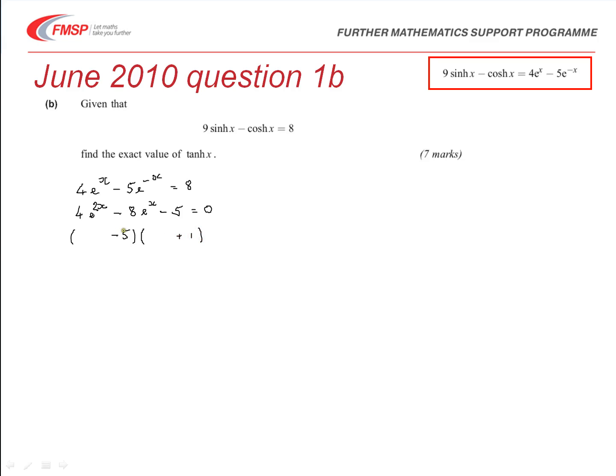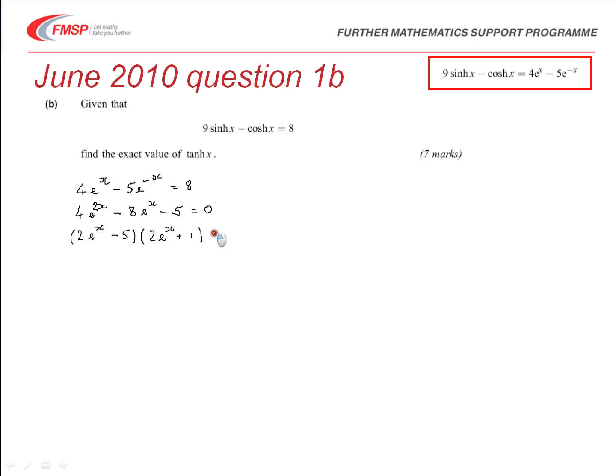And so putting in, we can either try the 1 and the 4, but that would give you -20. 4 and the 1, that wouldn't give you enough of the 8e to the x's. So I think this must be twice e to the x and twice e to the x.